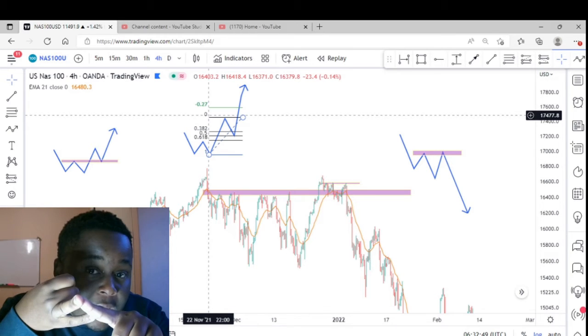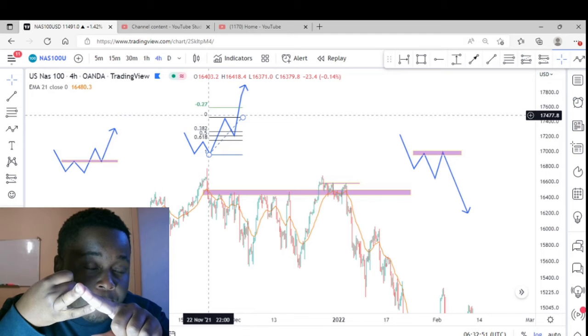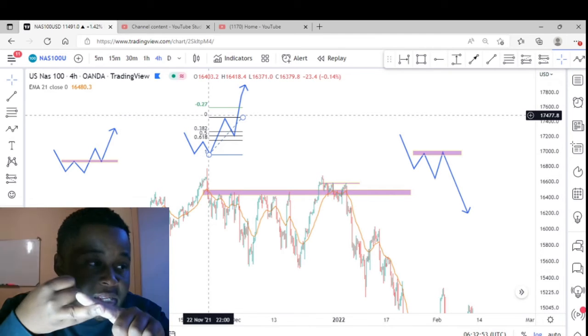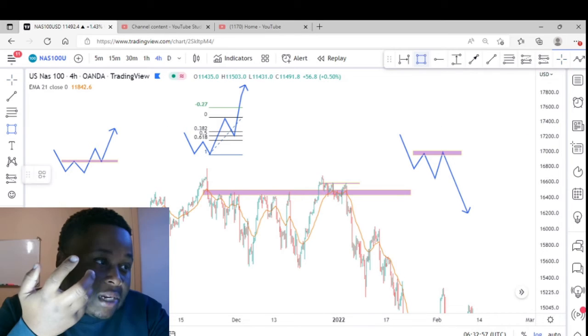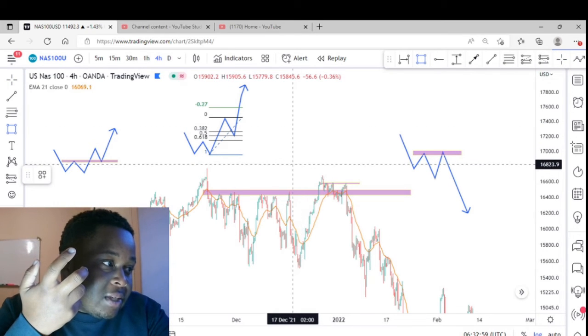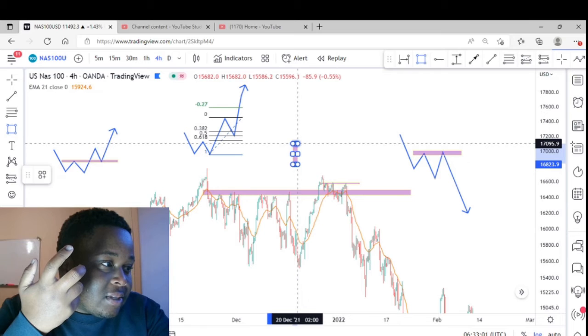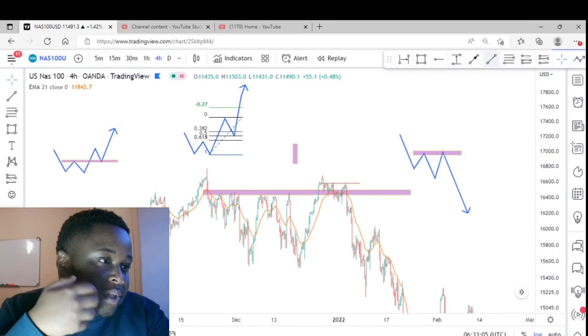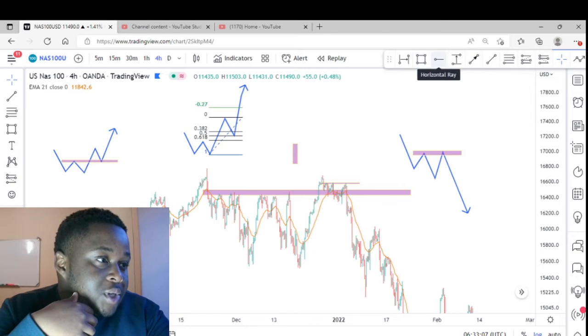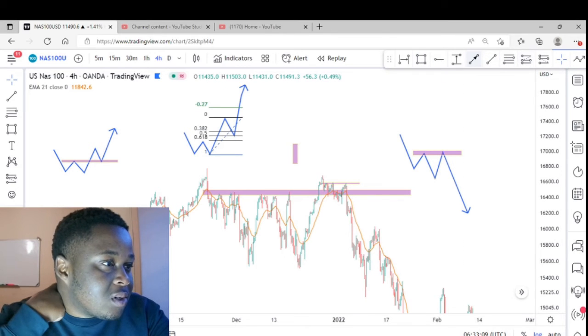There has to be maybe a candle or a pattern confirmation, meaning there has to be at least an engulfing candle. You understand? This is what an engulfing candle looks like. Say this is a red candlestick, the bearish candlestick. Let me draw a trend line.